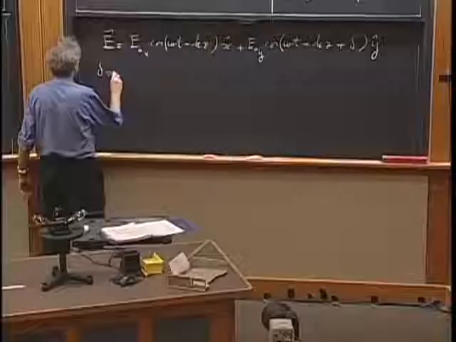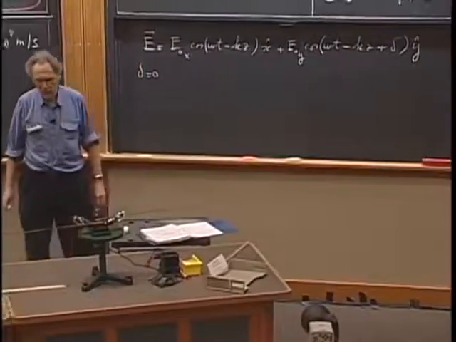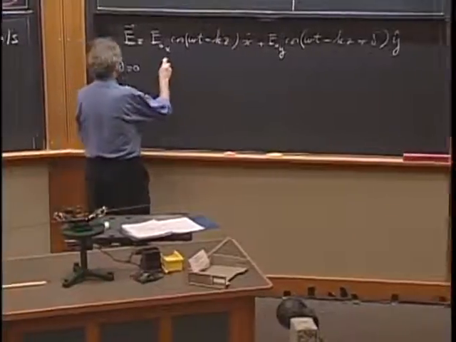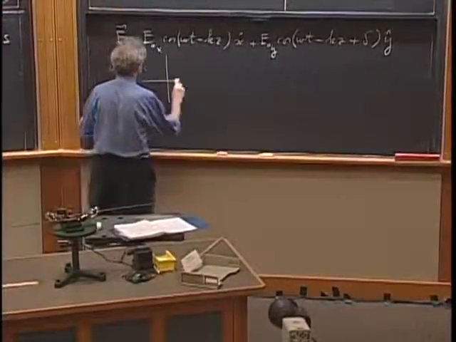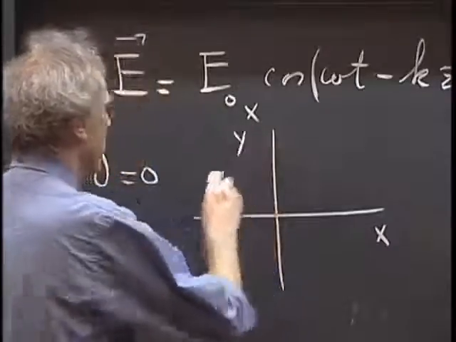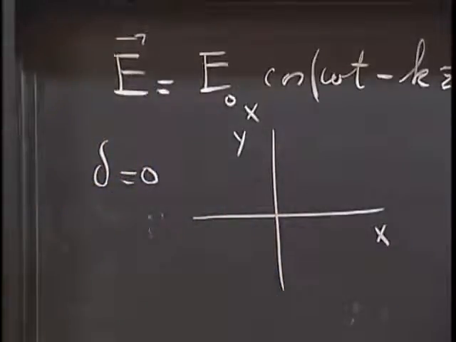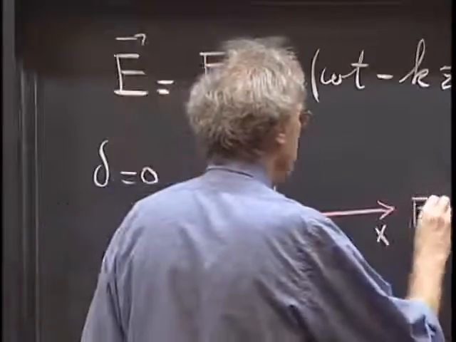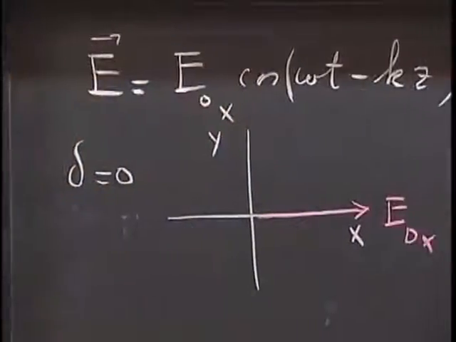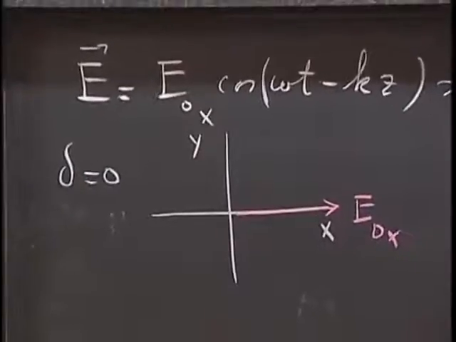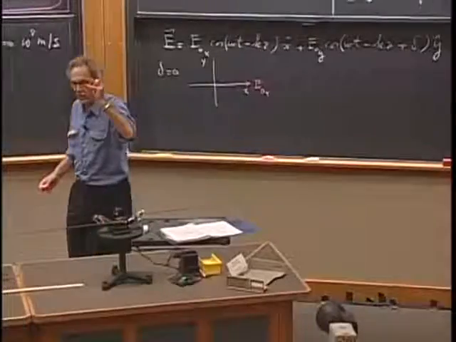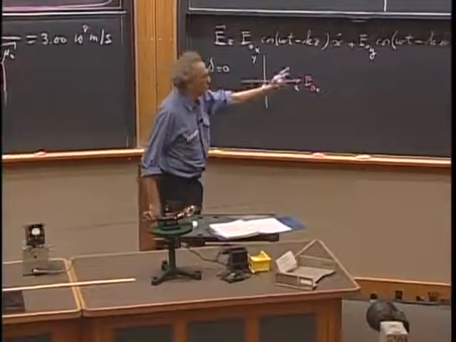If now we make delta equal to 0, you still have linearly polarized radiation. Look at the xy plane. This is x, and this is y, and the radiation is coming straight to you. At a certain moment in time, the E vector in this direction reaches a maximum, E0x. And if delta is 0, that's the moment in time that the E vector in the y direction also reaches a maximum, because delta is 0.